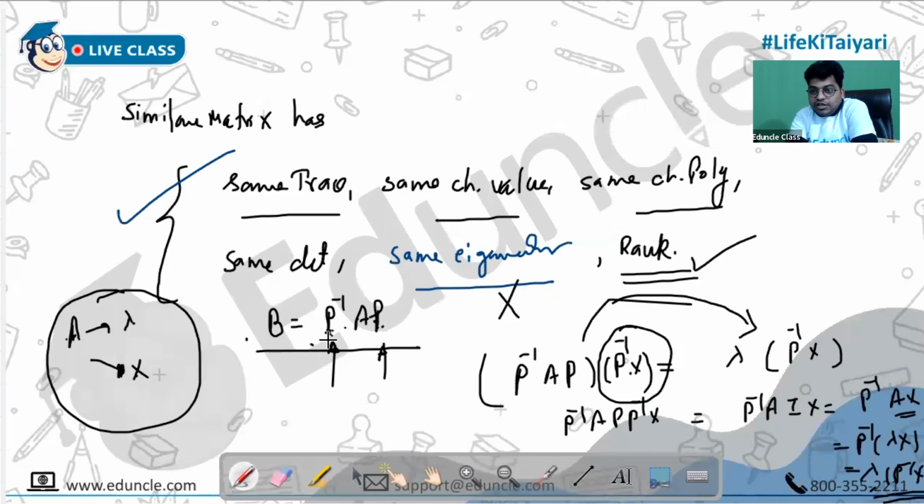The claim is that the number of non-zero distinct eigenvalues is equal to the rank. Shyama Reddy is saying the number of non-zero distinct eigenvalues is equal to the rank of the matrix.